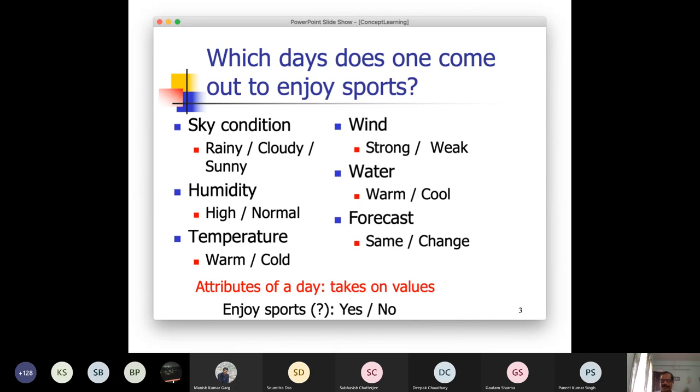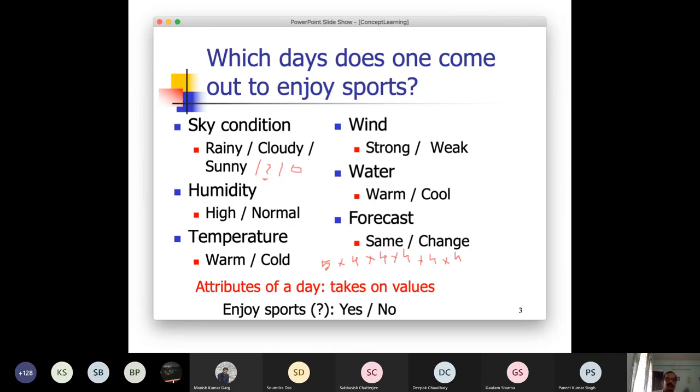Is it clear? Is there any doubt? So if I multiply these numbers, I have 5 for sky, and humidity 4, temperature 4, wind 4, water 4, and forecast 4. I hope you have understood why it is so, because I am adding 2 more attribute values. I showed the example just for the sky condition and the rest are the same.